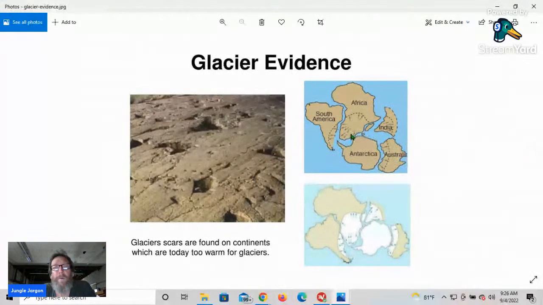But what happened is that the animals had 100 years to get to South America. So you have living animals that are the same animal that's in Africa and South America. One example being the leopard of Africa and the jaguar of South America is the same animal.